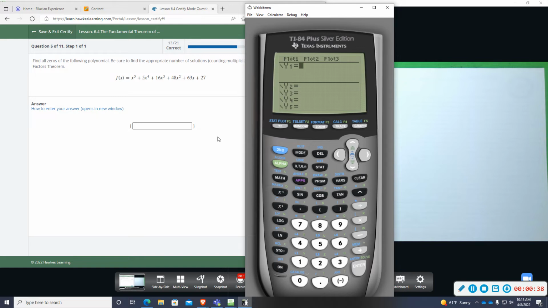So what I'm going to do is clear out what I have. I'm going to type in this polynomial, so x to the 5th plus 5x to the 4th, and then plus 16x to the 3rd plus 48x squared plus 63x, and then plus 27.